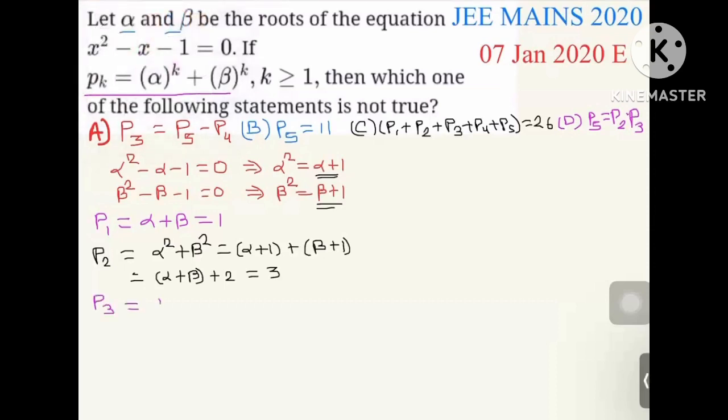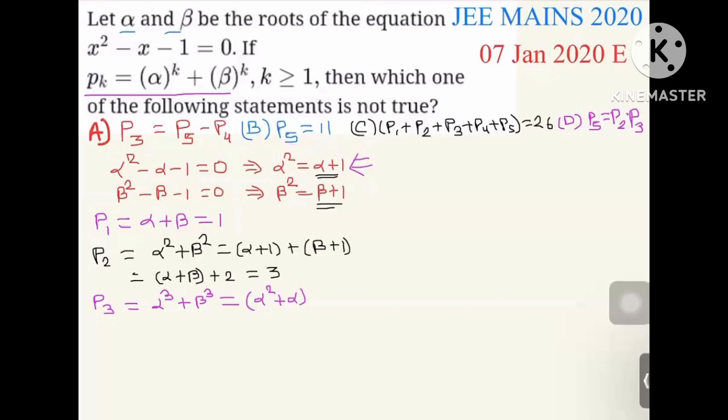P3 is equal to alpha cube plus beta cube, which is equal to, now consider this one. Alpha square is equal to alpha plus 1. So alpha cube we can write alpha square plus alpha. Multiply both the sides by alpha, we will get alpha cube equal to alpha square plus alpha.